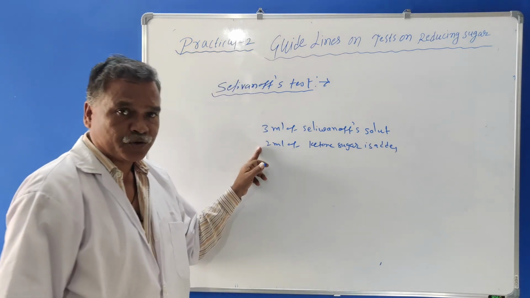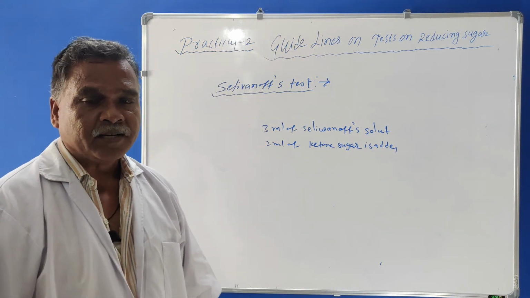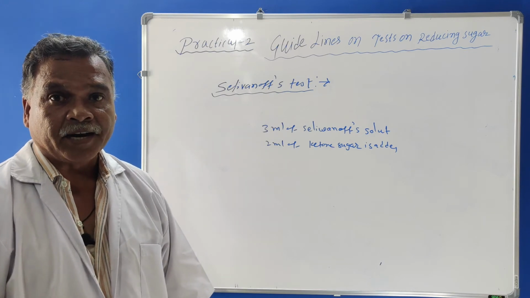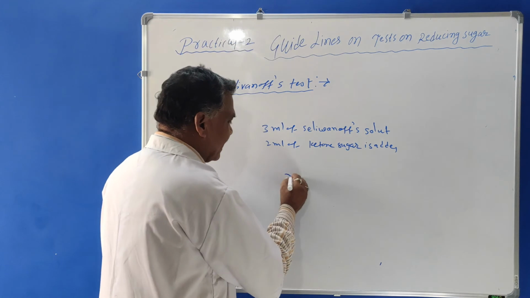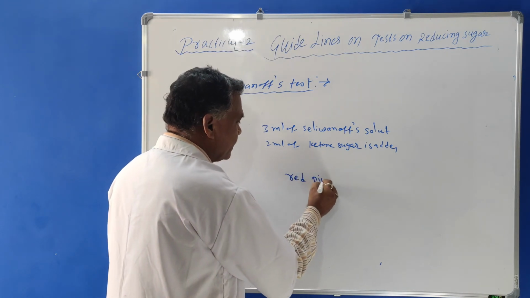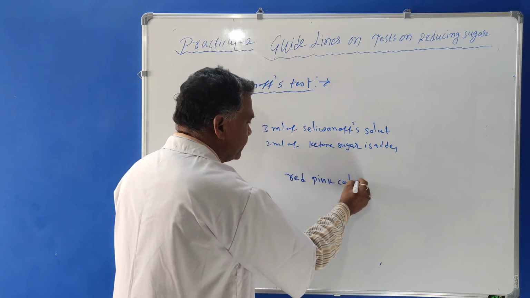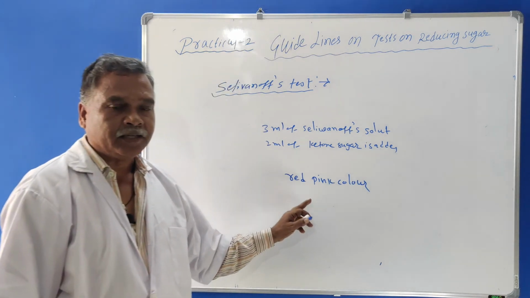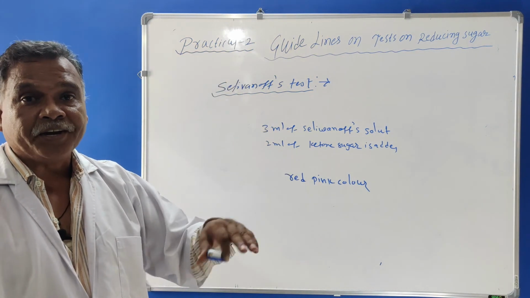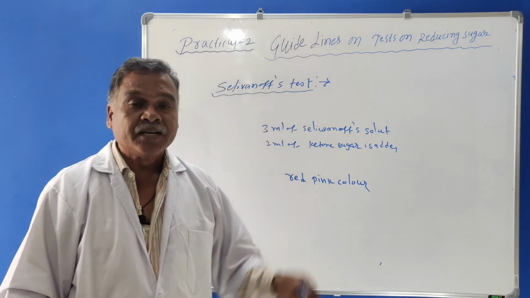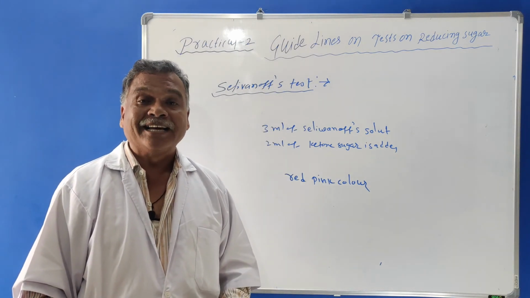This is taken in a test tube and boiled for 2 minutes. Then what will you get? The red pink color appears. What will be the observation? Red pink color appears, which means that the sugar has been treated with HCl. Where does HCl come from? It comes from the Selivanov's reagent.